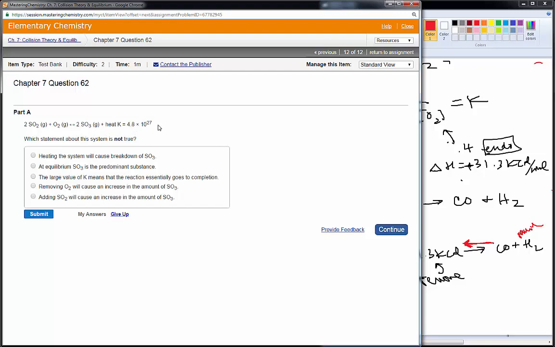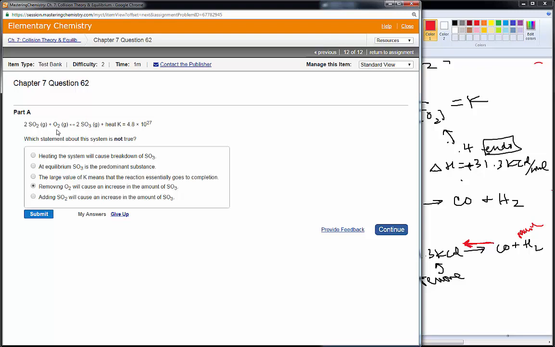So heat is a product and products are favored. Okay. So let's see, at equilibria, SO3 is a predominant substance. Yes, because products are strongly favored. Large value of K means reaction goes essentially to completion, yet you'd be hard-pressed to find either of these two in the reaction mixture.